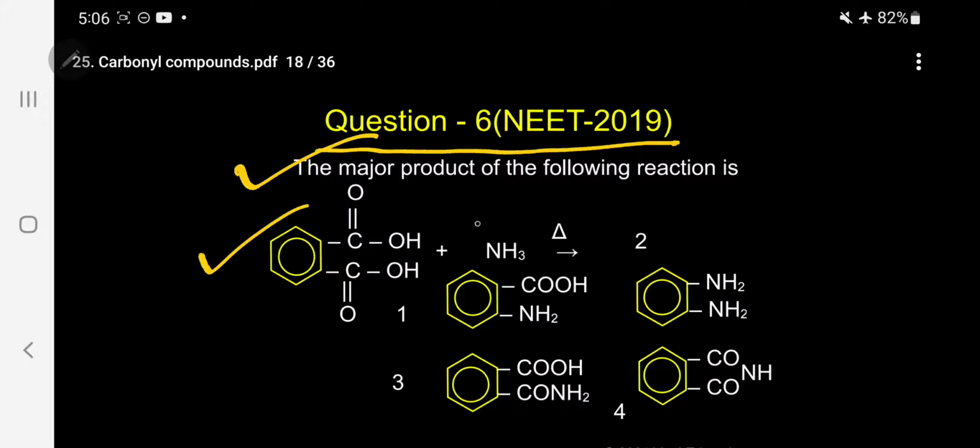So when you heat with ammonia, kindly follow, what will be the product formed? Here, it is connected with NH. Kindly follow. 1, 2, 3, and 4. So what will be the product formed?